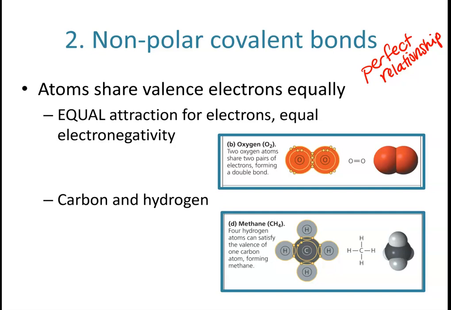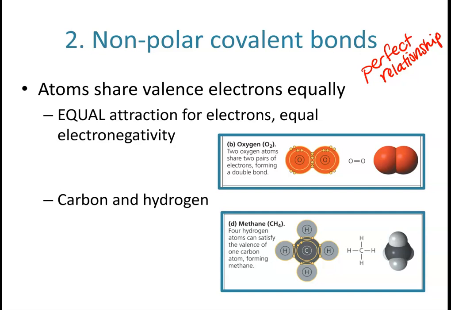One's not more needy than the other. One's not pulling that electron more strongly. Now, nonpolar bonds tend to mostly form between two identical atoms, because if there's equal sharing, you need equal pull, and you get equal pull when you have the same type.